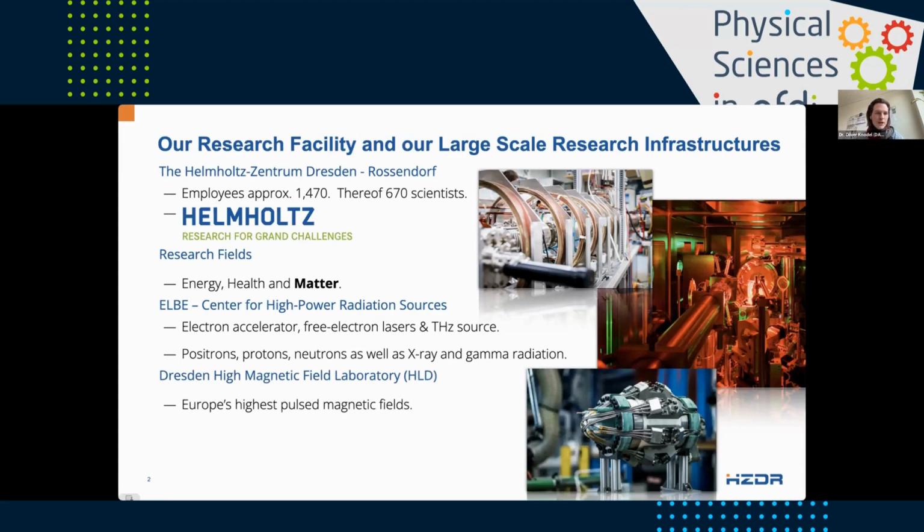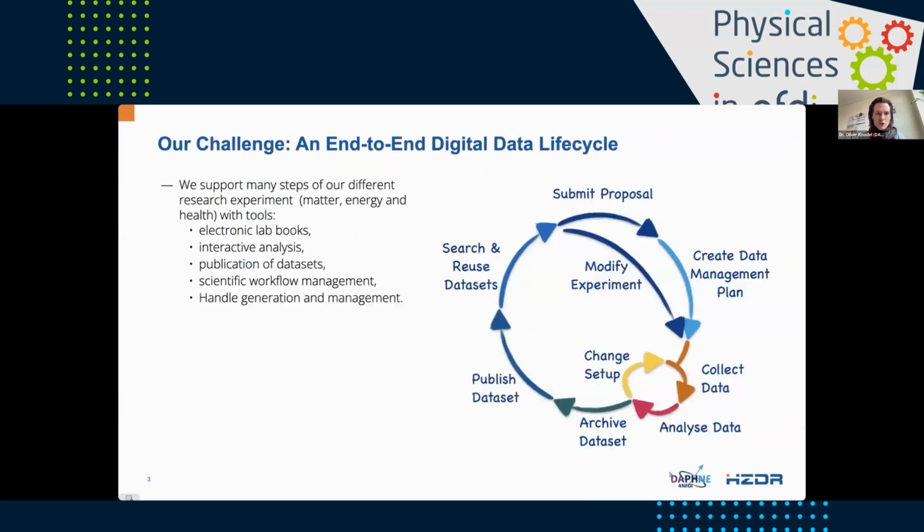We have also a high magnetic field laboratory, so different experiments, sometimes the same infrastructure, but sometimes also special resources, systems, services in use. And we have an ion beam center. That is our landscape from the experiments at HZDR. And in the end, we as a group for data management want to bring everything into our end-to-end digital data lifecycle.